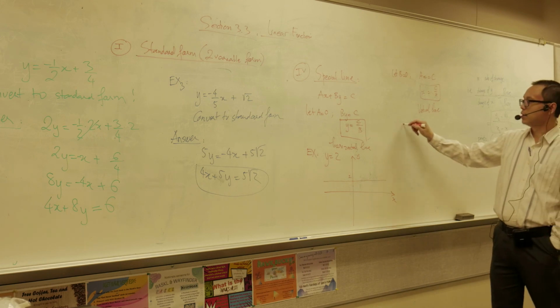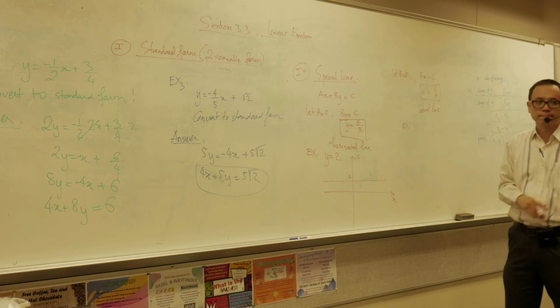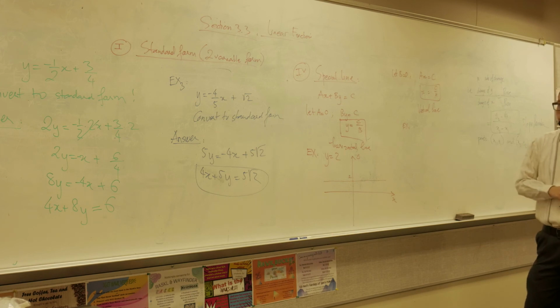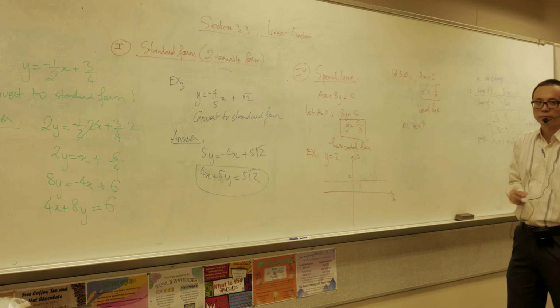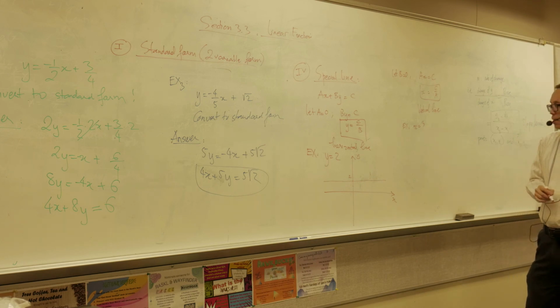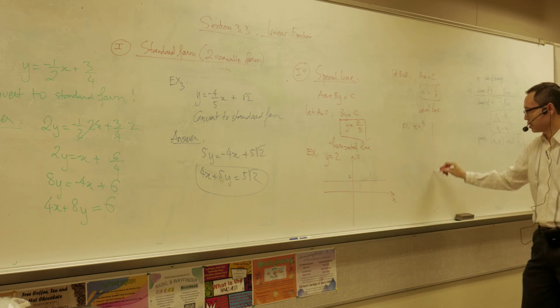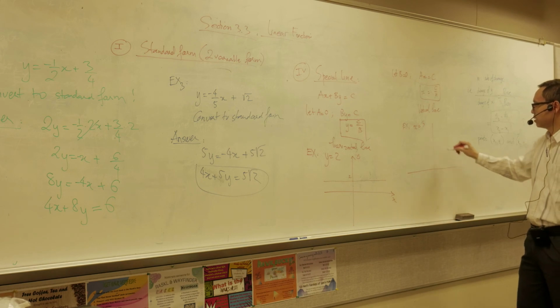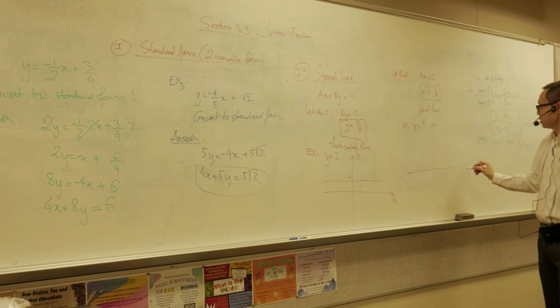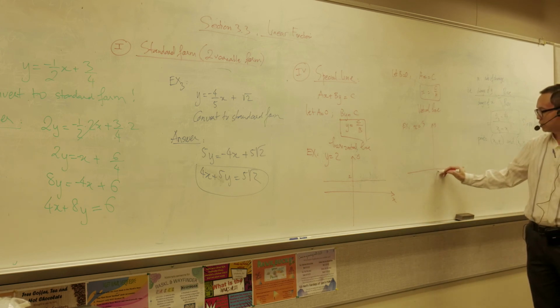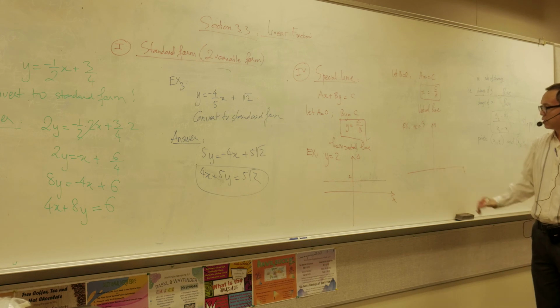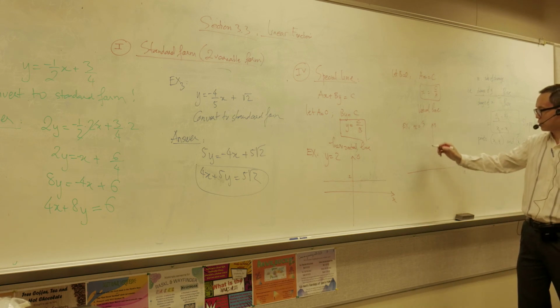Alright, example. What if I have x equals 3? You have something like this, y over here, x here. x equals 3: 1, 2, 3.